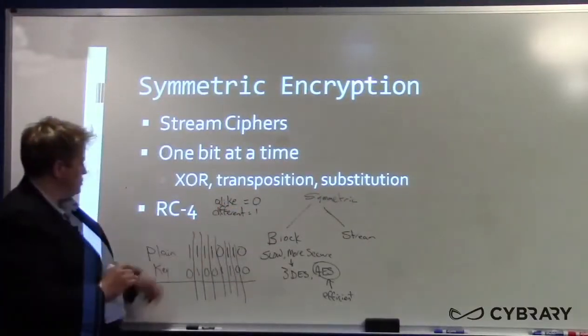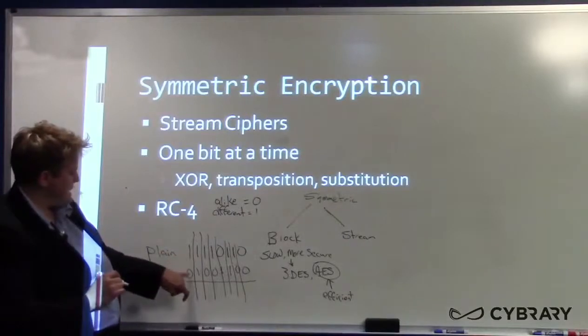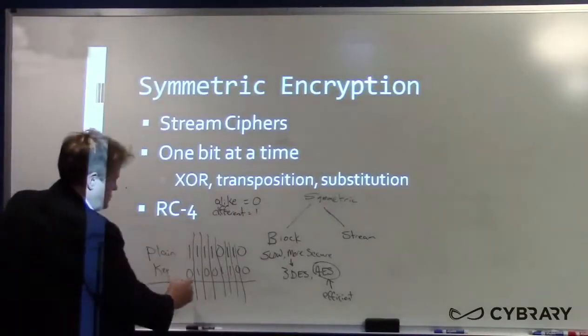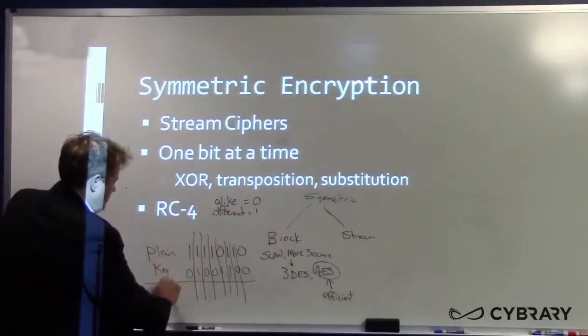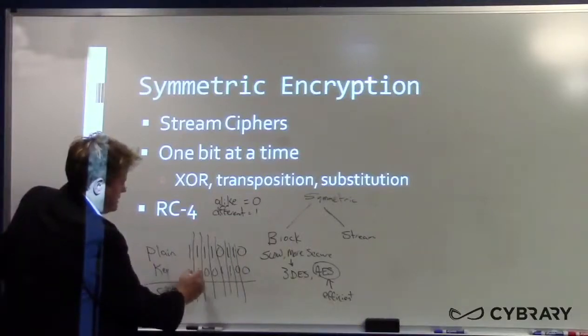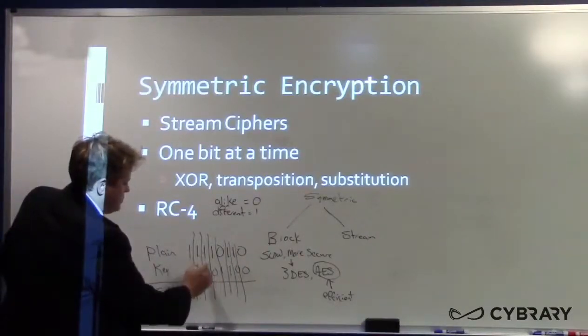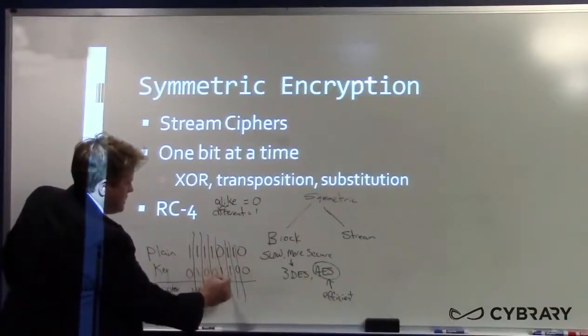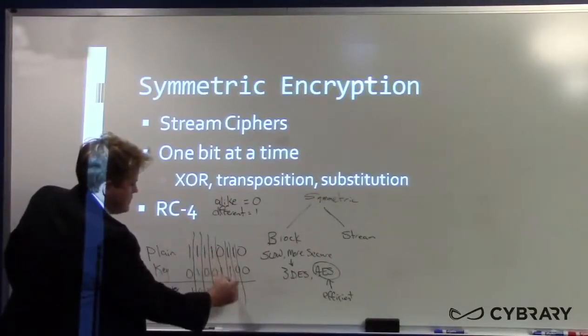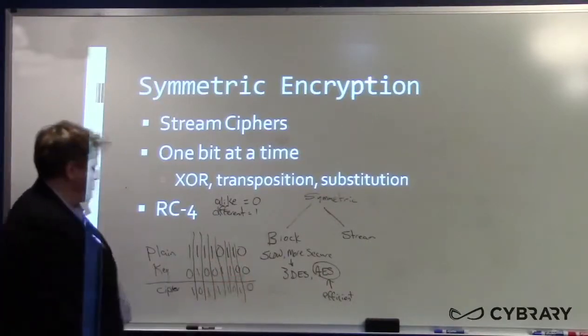So by following this rule, the plain text is 1, the key is 0, those are different values. So the cipher becomes 1. These two values are the same, 0. Different, 1. Different, 1. Different, 1. Same, 0. Different, 1. And same, 0.